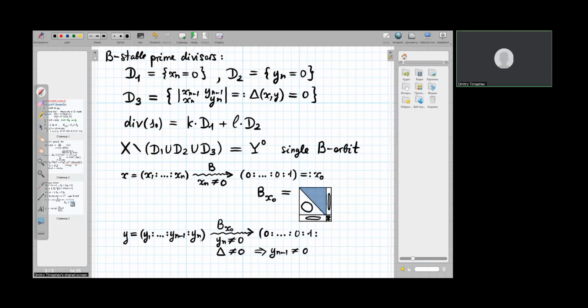And the last coordinate is controlled by the action of this non-zero entry by multiplication. Here we may put any non-zero entry, and we can make this coordinate yn equal to 1 also. So finally, we shall put this point to this form. Let me denote again this prescribed point as y0.